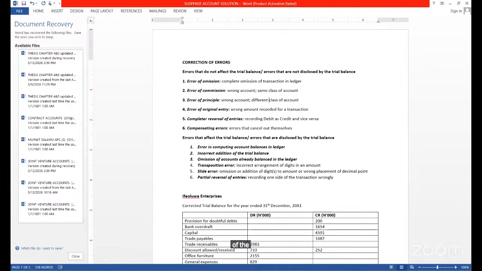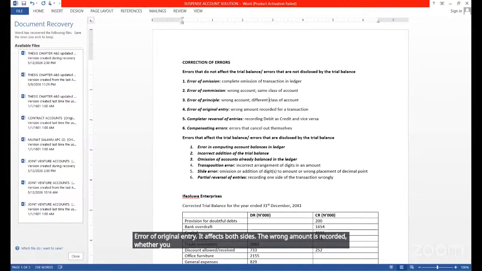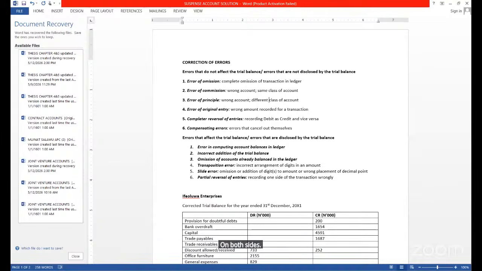But in error of original entry, it affects both sides. The wrong amount is recorded, whether you made an error of removing digits, adding digits, or changing the order of the digits. This wrong amount is now recorded on both sides. The debit is recorded wrongly, the credit is recorded wrongly.